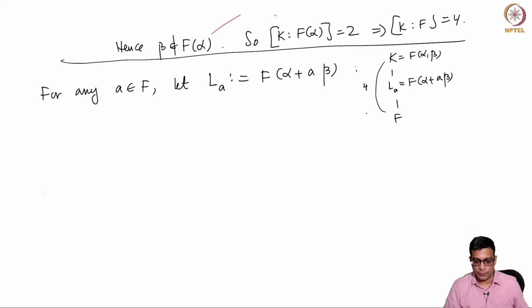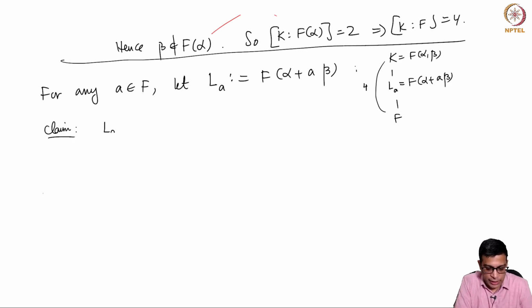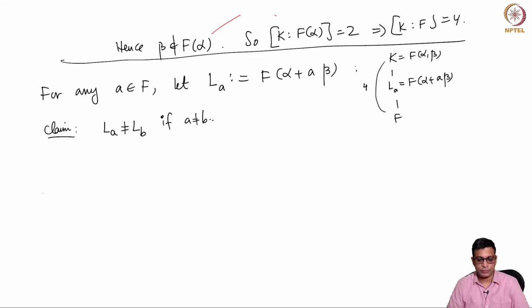So we are going to claim now that these are all distinct fields. L_a is not equal to L_b if a and b are different, and hence there will be infinitely many.